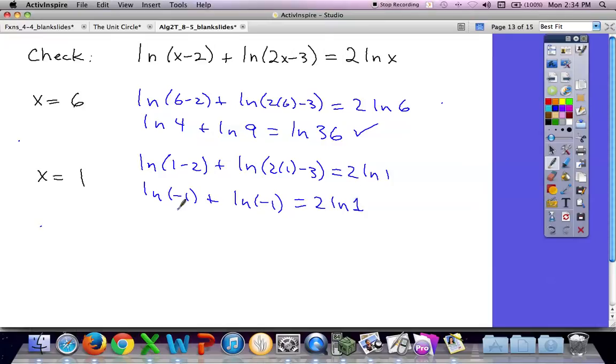What's wrong with that? You can't take the log of a negative number. So this answer here is extraneous. Right? It's not in the domain. You just say extraneous.